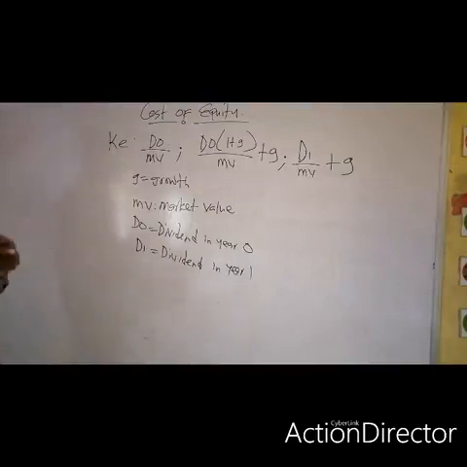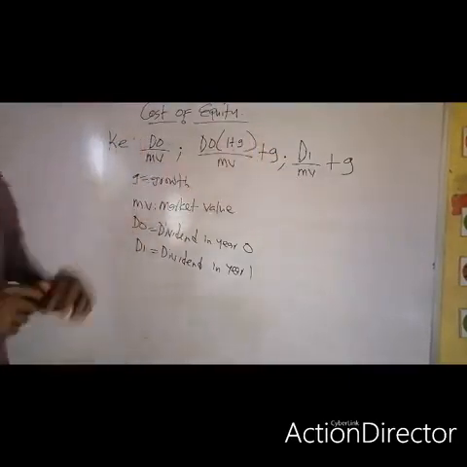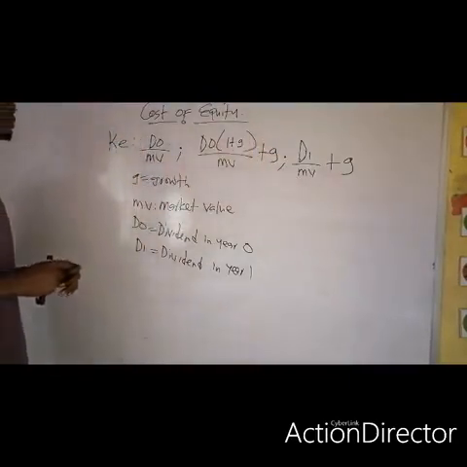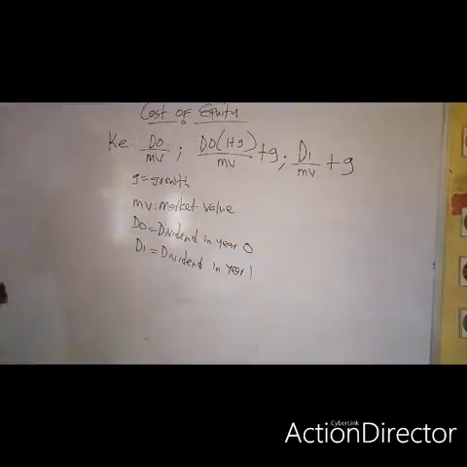But how do you know, from the tone of the question, whether the dividend given to you is D0 or D1? The question will specifically tell you, or the tone of the question will lead you to know whether it's D0, by telling you that the dividend paid in year 0 or dividend paid is so.